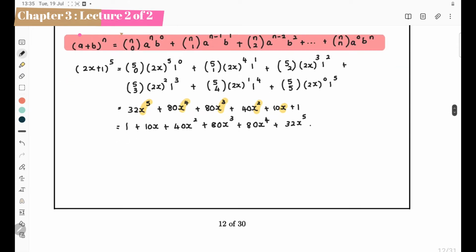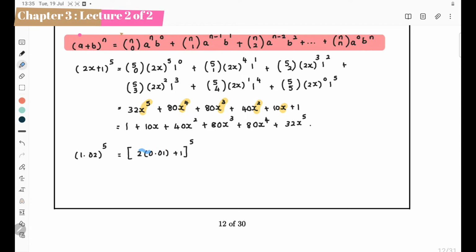So now we have to find the value of 1.02 to the power of 5 from our binomial expansion. To do so, we have to separate 1.02 into two terms as follows: 2 times 0.01 plus 1.